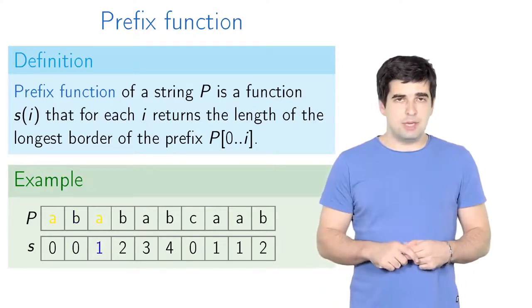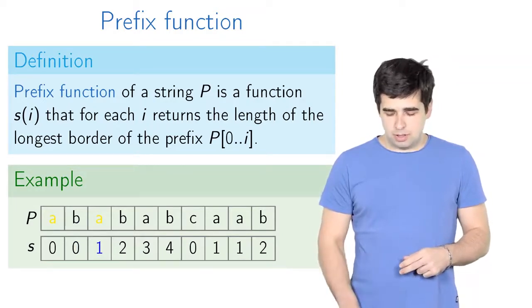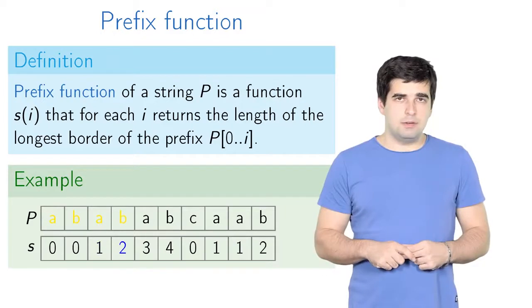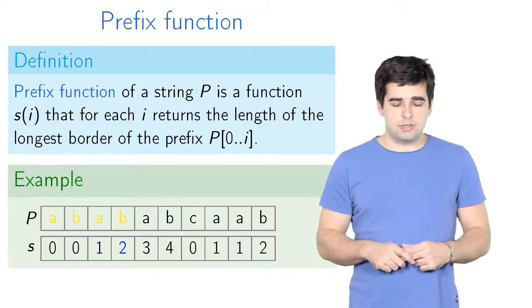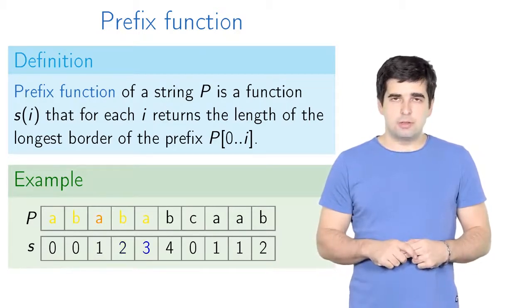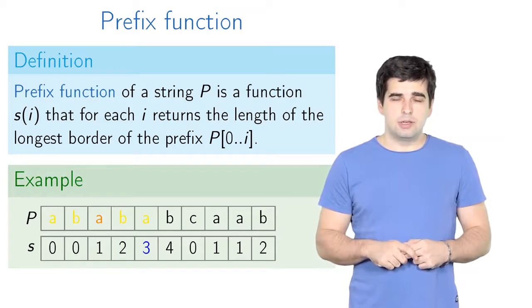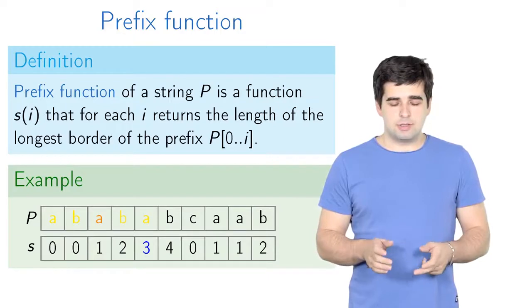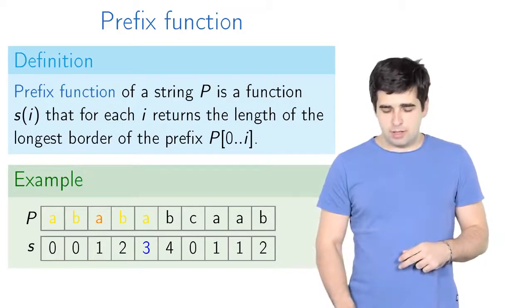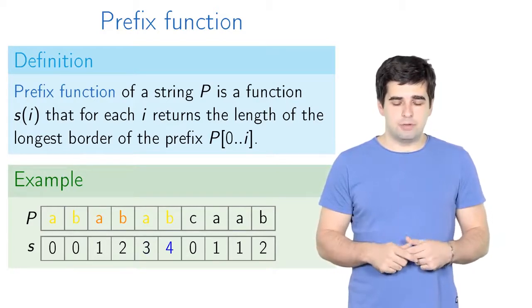For prefix ABA, ending in position 2, the longest border has length 1 and it is the border A. For the string ABAB, the longest border is AB of length 2. And for the next prefix, the longest border is already of length 3. And although the prefix ABA and the suffix ABA intersect, this is still a valid border. And for the next string, the longest border is ABAB of length 4.